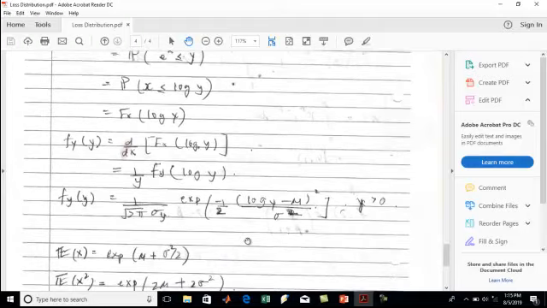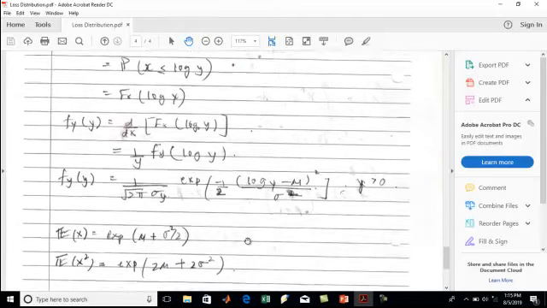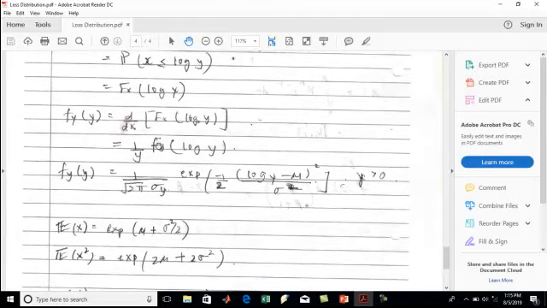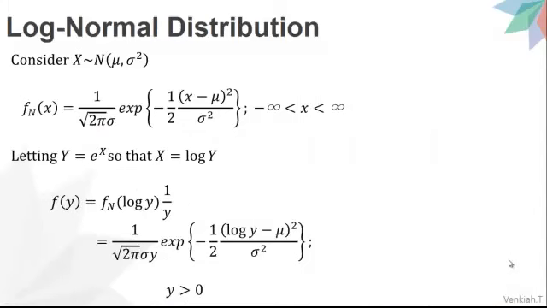Then I get f of y at log of y here. I have the 1 over y outside my cumulative density function, and I get this to be equal to the probability density function of a log normal distribution.